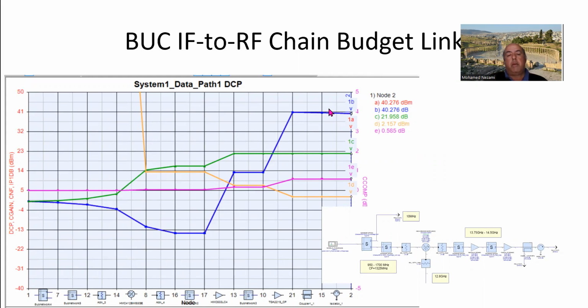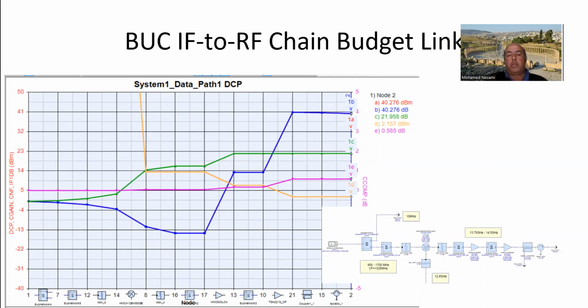So basically what we have here is the chain going from IF to RF. And these are the parameters that I have picked to display, where DCP is the desired channel power. C gain is the cumulative gain. C noise figure, NF, is the cumulative noise figure.